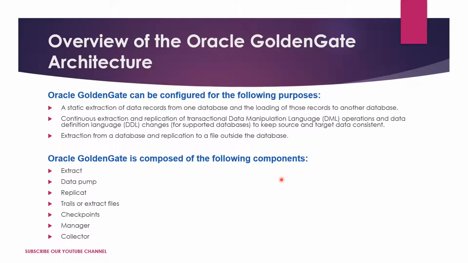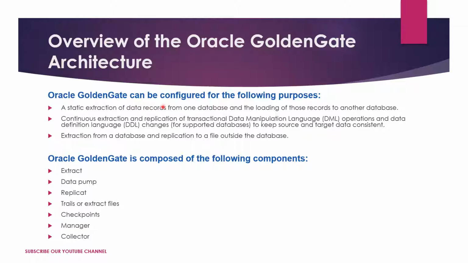So basically what we have discussed is mentioned here. Oracle GoldenGate can be configured for the following purposes: a static extraction of data records from one database and loading those records to another database, or continuous extraction and replication.